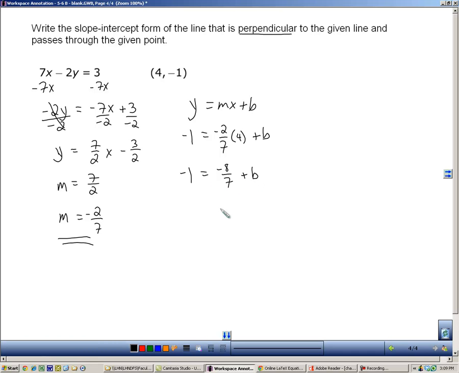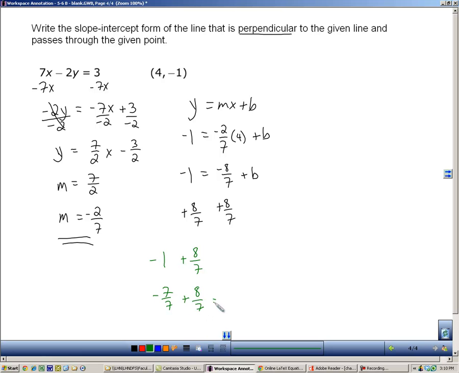So now I'm going to add 8/7 to both sides. So what you have here is negative 1 plus 8/7. I'm going to rewrite negative 1 as negative 7 over 7 because that way it gives me common denominators.